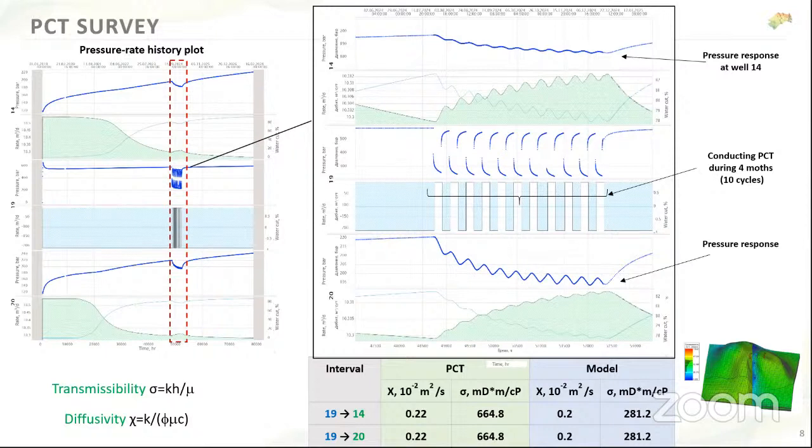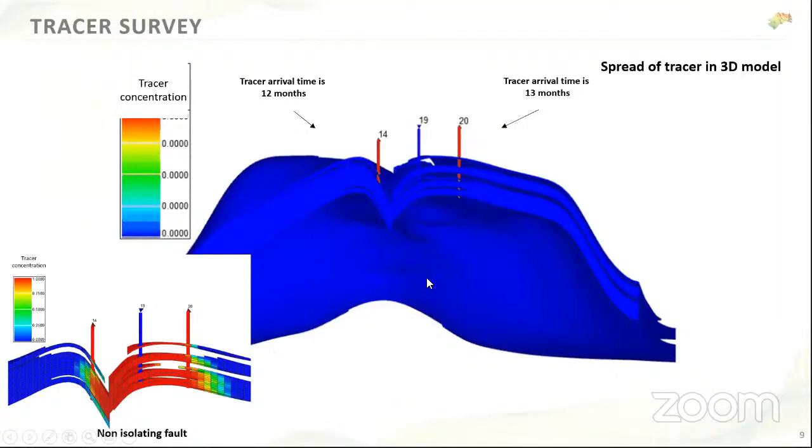That's why we may calculate reservoir transmissibility and diffusivity between both pairs of wells. And now we also see a good match in reservoir diffusivity.